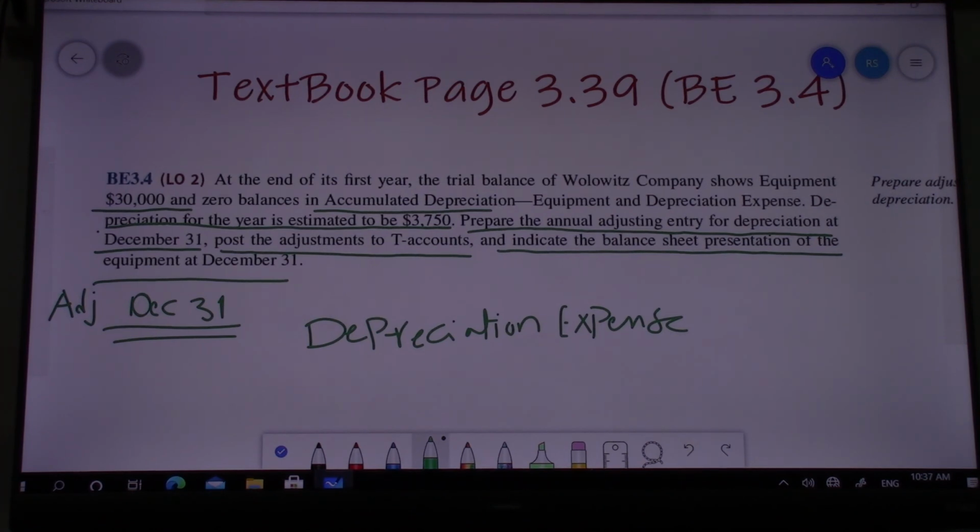This is an annual depreciation, and the annual depreciation is $3,750. What about the credit side? Can we decrease equipment? No, the original cost of the equipment we should keep in the balance sheet presentation with the same value. So we have another option. We will decrease this indirectly through accumulated depreciation.